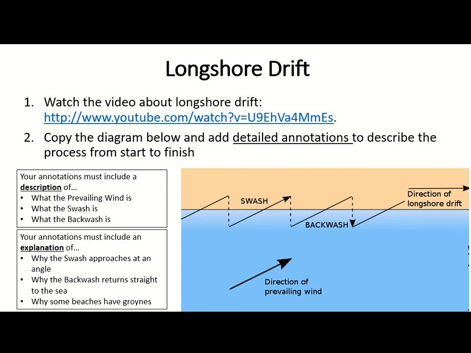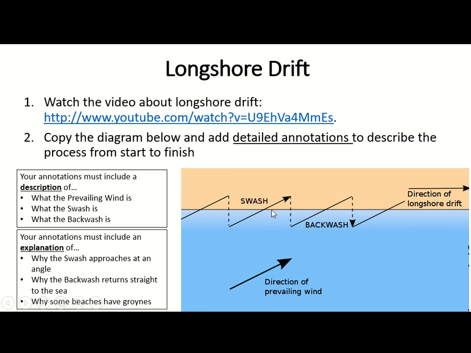So to stop the longshore drift taking away all your sediment, you build a groin. A groin is a wall that comes out to sea. It's not designed to try and stop the waves hitting the cliffs. It's designed to stop the waves taking away your material by longshore drift. Okay, so some beaches have groins to prevent longshore drift from taking sediment away.